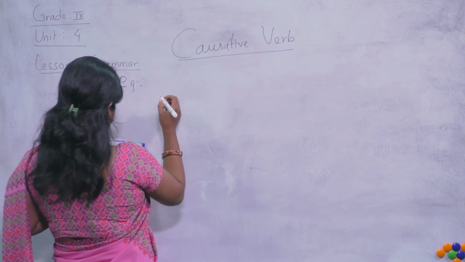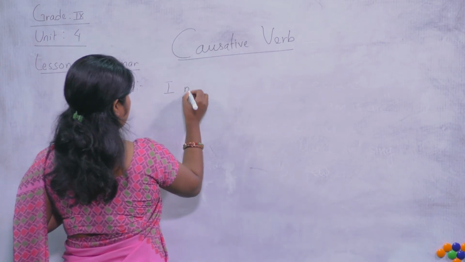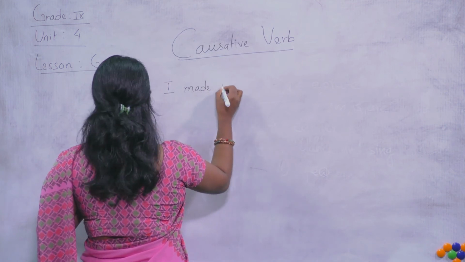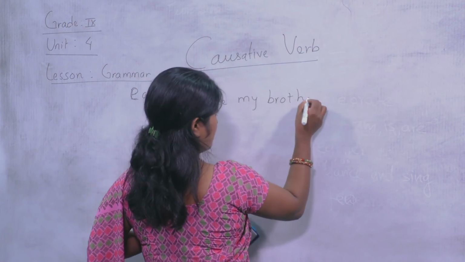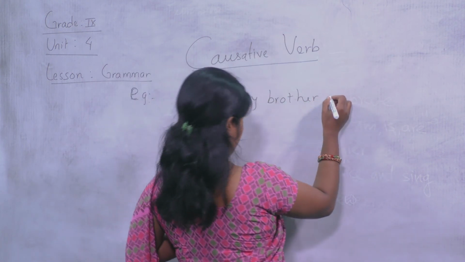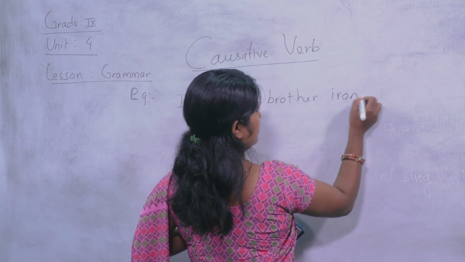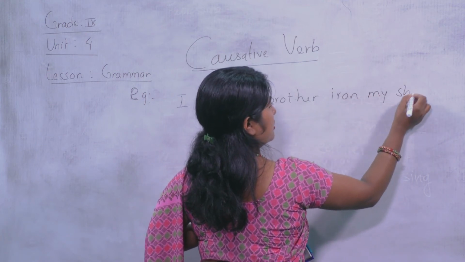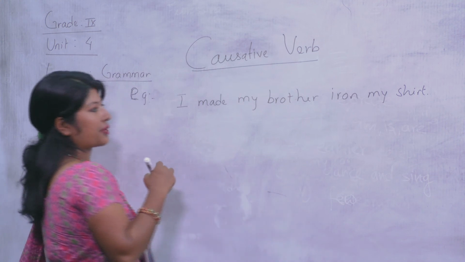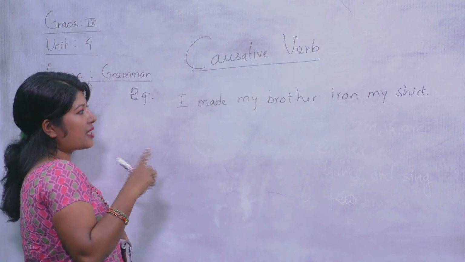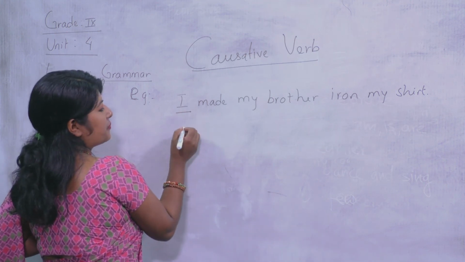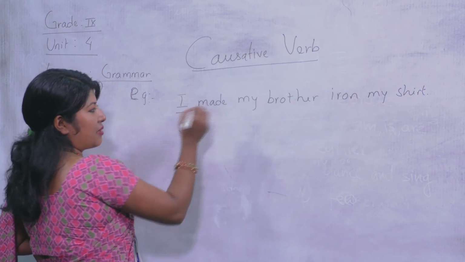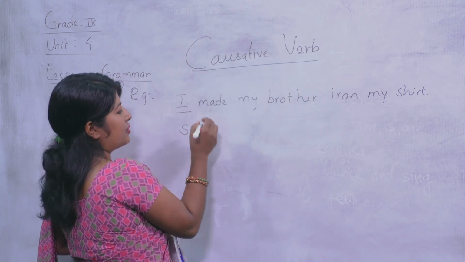Next example. I made my brother iron my shirt. Okay, what is the structure? I made my brother iron my shirt. So here I is obviously the subject and made is the causative verb, right?